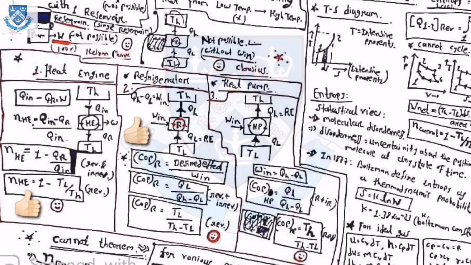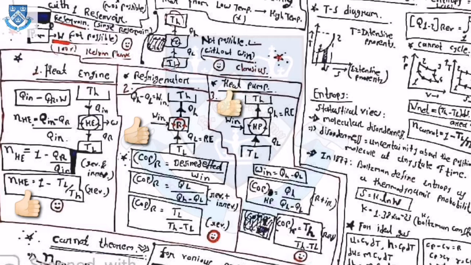But note one point: the coefficient of performance of a refrigerator, which is equal to QL upon QH minus QL, is applicable for both reversible and irreversible processes, and in terms of temperature, it is only applicable for reversible processes. This is applicable for all three: engine, refrigerator and heat pump.